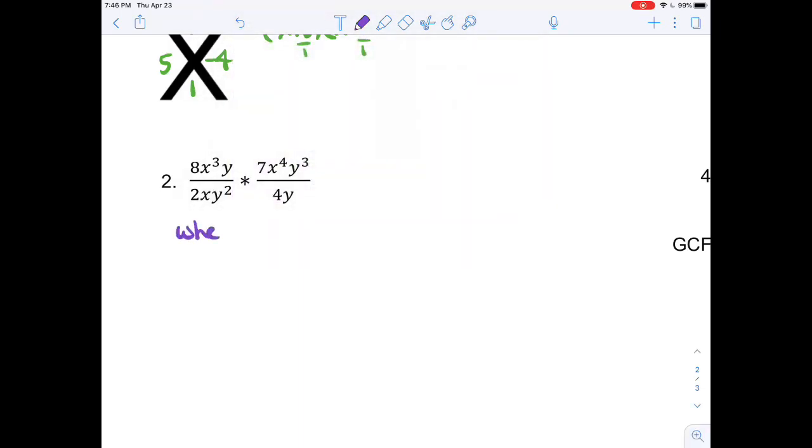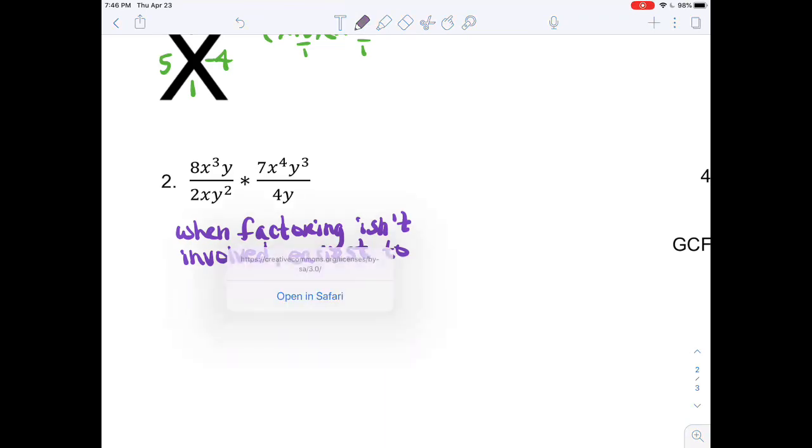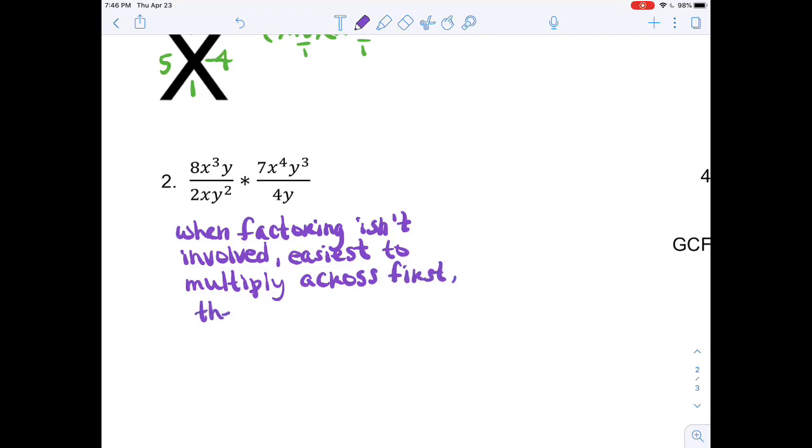So when factoring isn't involved, then it's easiest to just go ahead and multiply across the top and across the bottom first, and then we'll simplify. We'll look at what we can cancel.